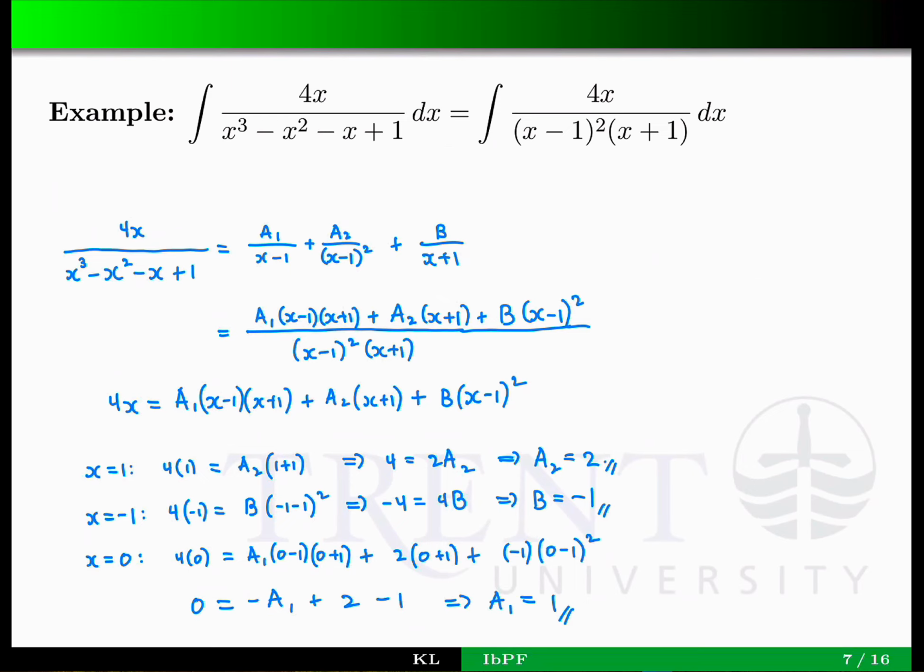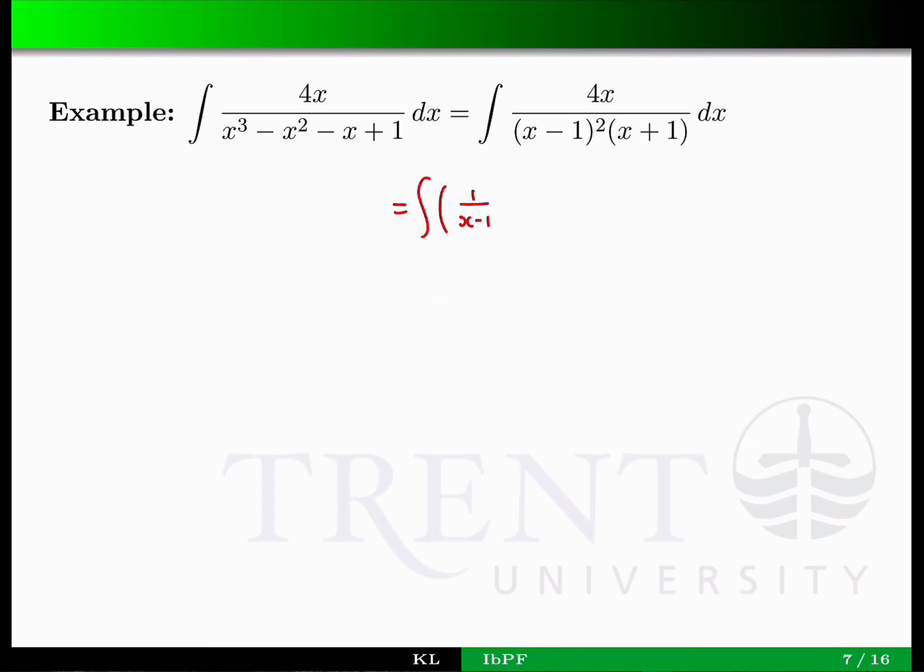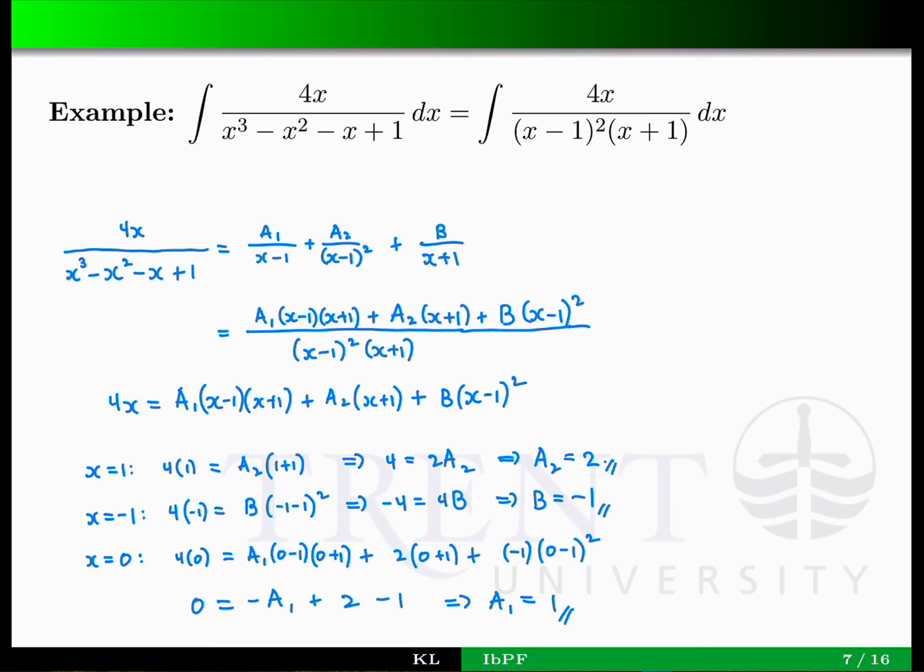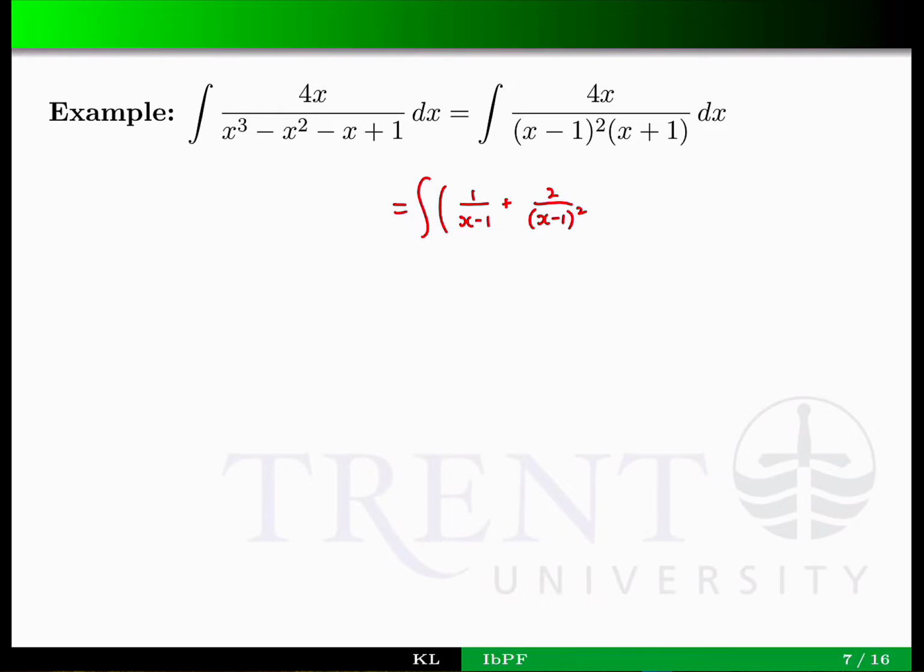And then a2 is positive 2. The denominator is x minus 1 squared. So plus 2 over x minus 1 squared. And b is negative 1. The denominator is x plus 1. So we will have minus 1 over x plus 1 dx.